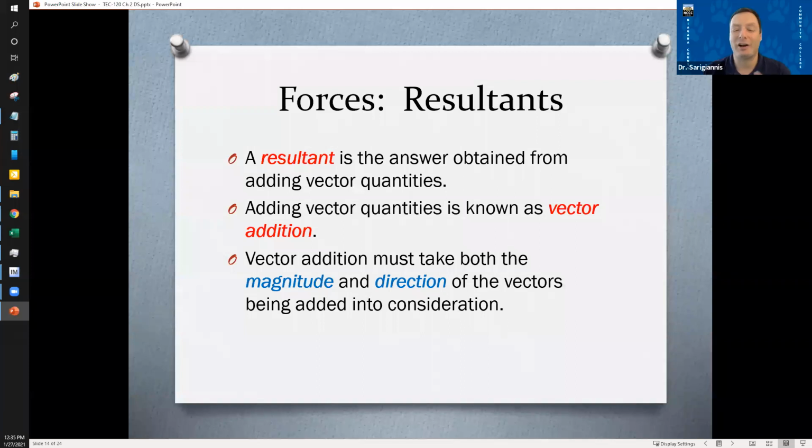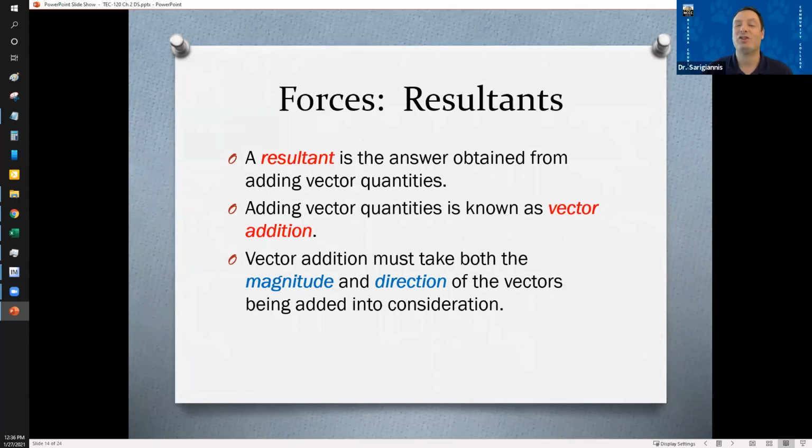You're going to have forces that are additive or subtractive. If I'm pulling something to the right and I have another force pushing from behind, those are additive vectors. If I've got two people pulling on either end, they're going to subtract and the net force is going to be lower. And again, we'll get into those details.